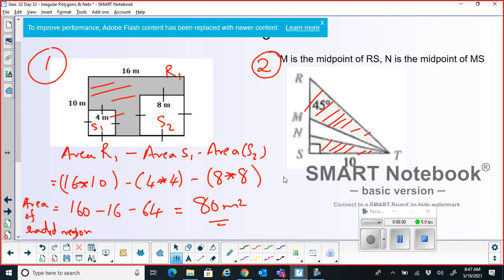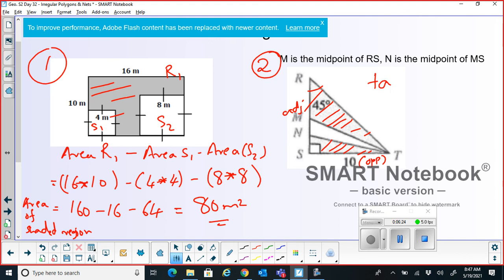We may have to use the trig ratios here to get the values of RS, RM and NS. So first, they have given ST is 10 and they have given angle R is 45. With reference to 45 degrees, this 10 is opposite and this is adjacent. RS is adjacent. Okay.